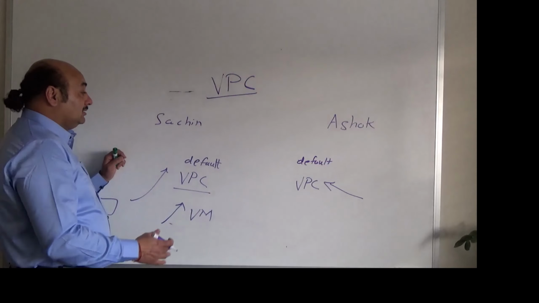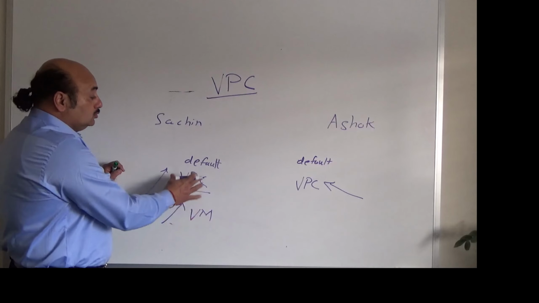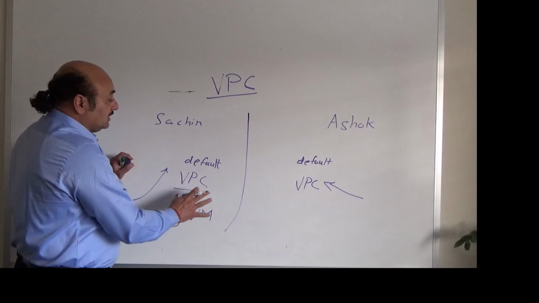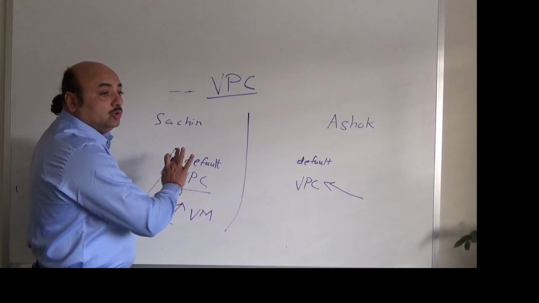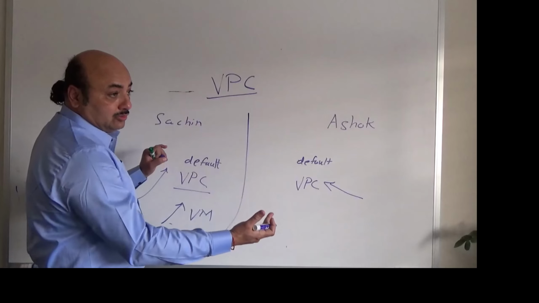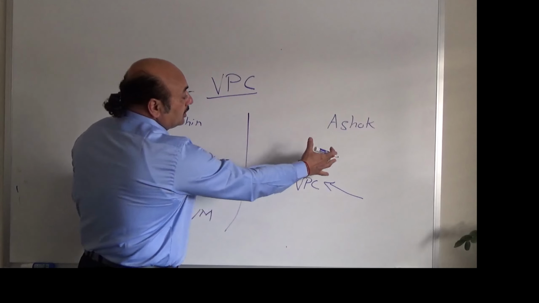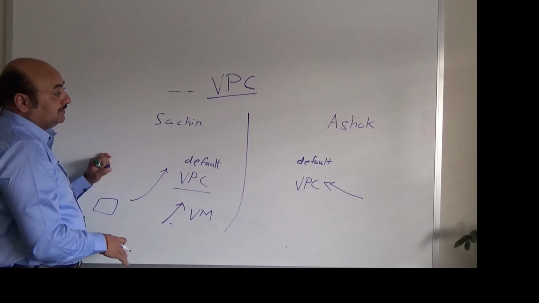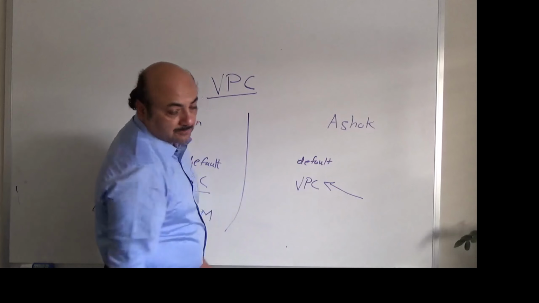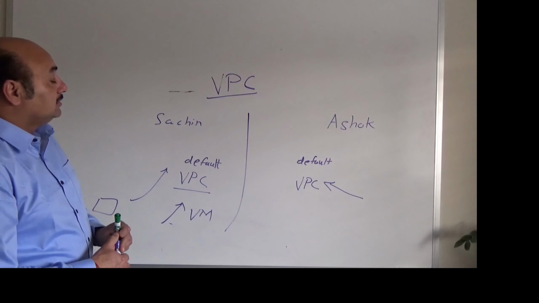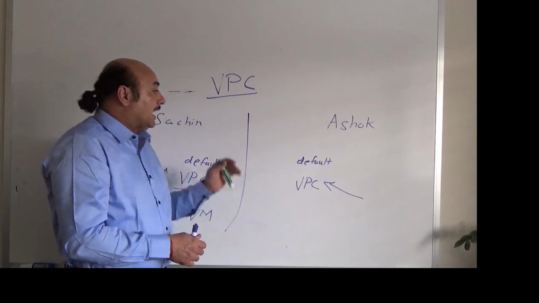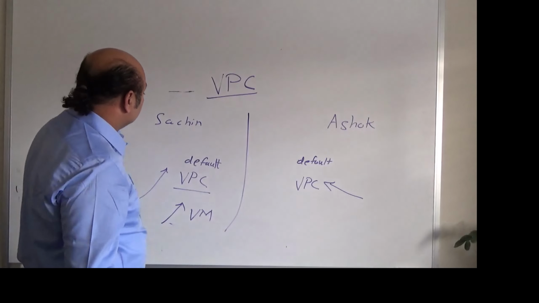And do keep in mind that Sachin, whatever he is doing as a user, is doing this in his environment, in his VPC, and has no clue or visibility into what Ashok is doing in his VPC. The same also holds true for Ashok. Ashok cannot see whatever Sachin is doing. So that's the reason we say Sachin's default VPC and Ashok's default VPC. Okay. So now we have understood the concept of region, the concept of availability zone and the concept of VPC. Okay. Alright.